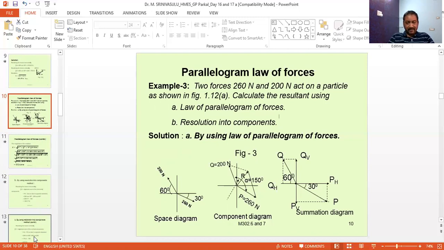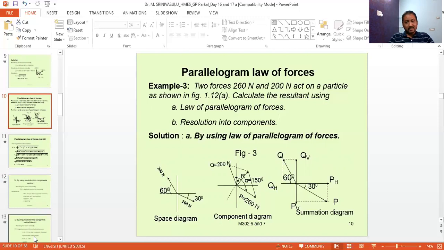And the second force Q is equal to 200 newtons and it is acting at an angle of 60 degrees with horizontal and it is acting in second quadrant. So P is in the fourth quadrant and Q is in the second quadrant.